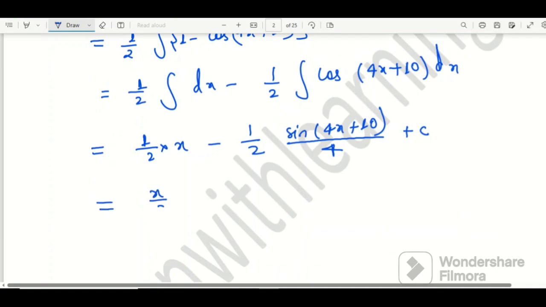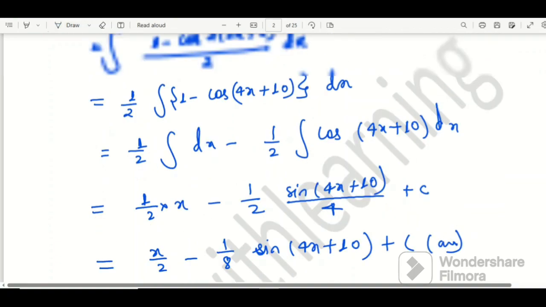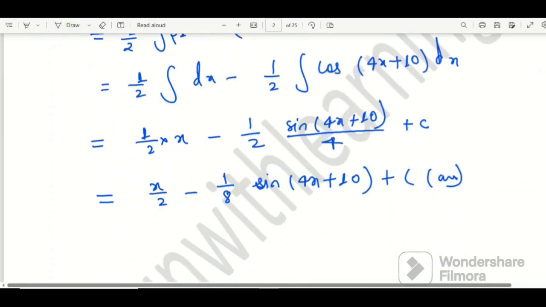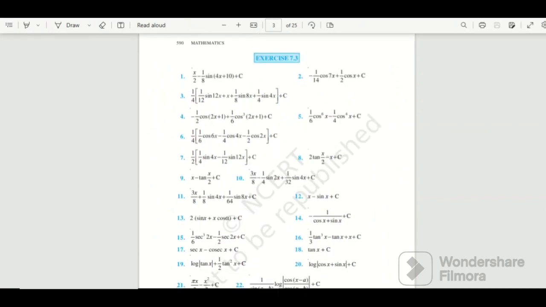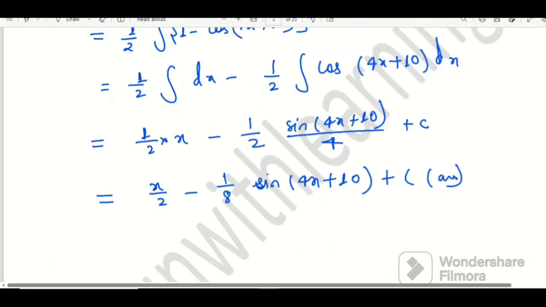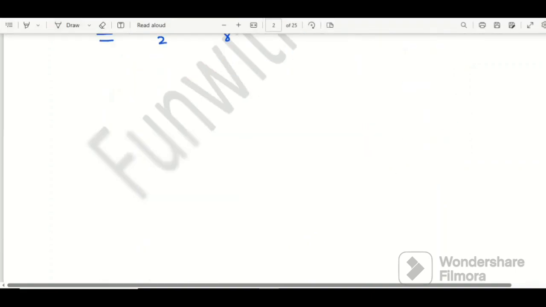So we're left with x upon 2 minus 1 by 8 sin 4x plus 10 plus c, answer. You can see the answer of this first question, x by 2 minus 1 by 8. Okay, it's right. So we're moving on to next question.